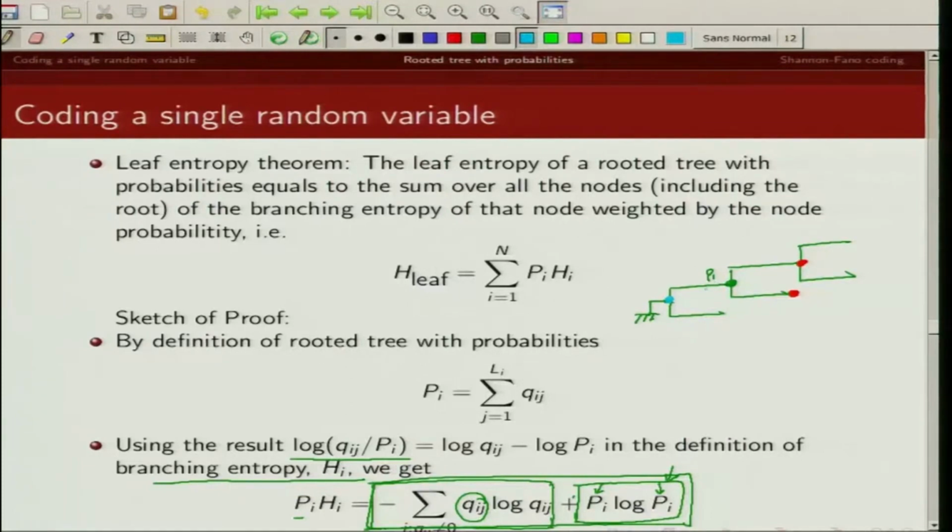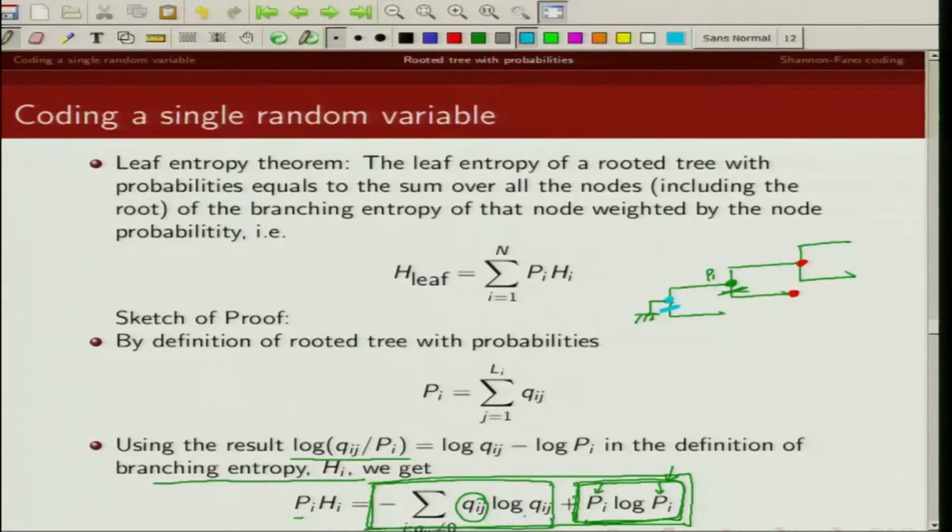So this Pi is actually Qij for this particular node, right? If I compute Pi Hi for this particular node, this Pi is giving me a positive contribution, which is Pi log Pi. And the same node is acting as Qij for this particular node. So then this will give me a minus pk log pk contribution.